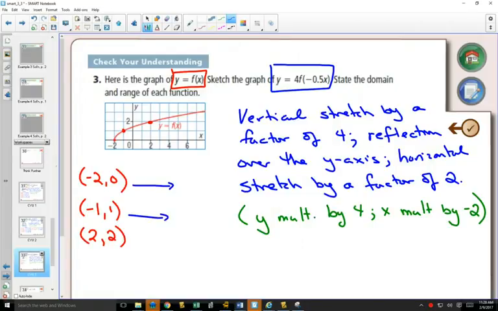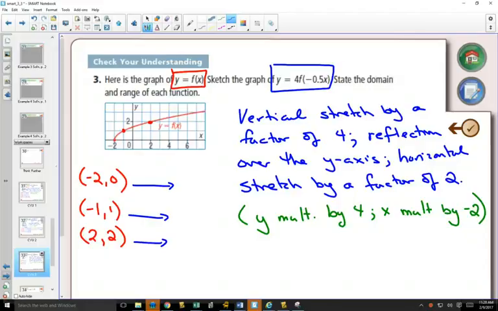So when you're showing your work and you're taking specific points from our original graph, above the arrows, tell me what you're doing so that if you've made a mistake, I can see what that mistake is. And above that is just what we've written in the green here.